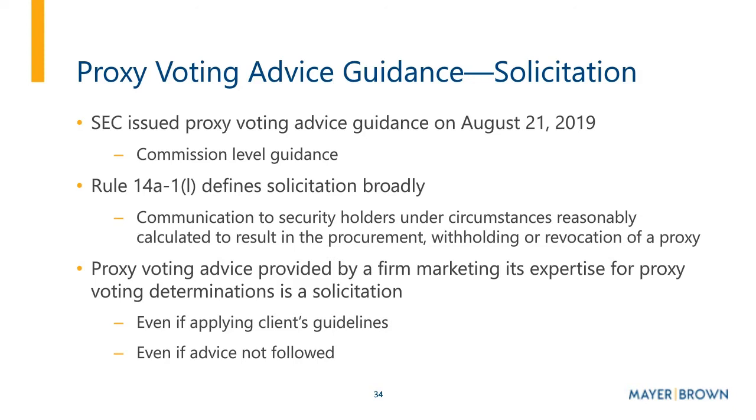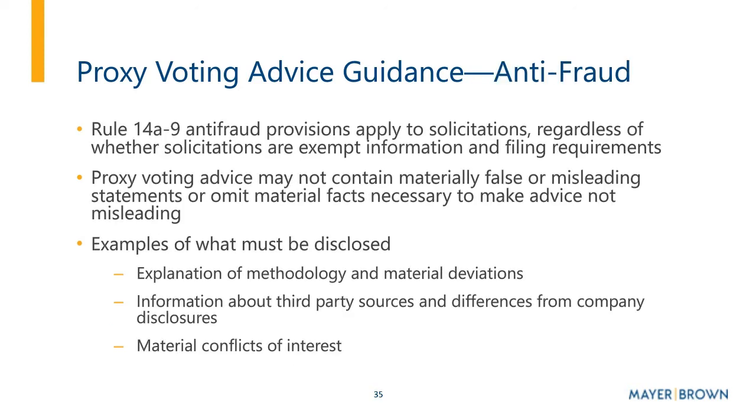And a key point from this guidance is that the proxy voting advice provided by a proxy advisory firm constitutes solicitation under the proxy rules. And an impact of that is that the anti-fraud provisions apply to solicitations, even if there's an exemption from other proxy solicitation rules that a proxy advisory firm may rely on.